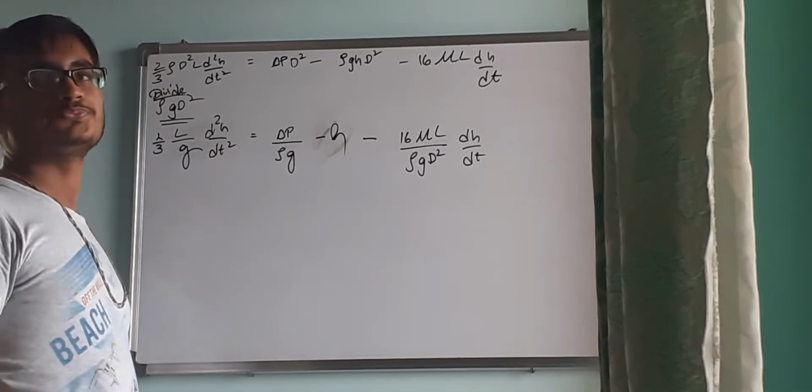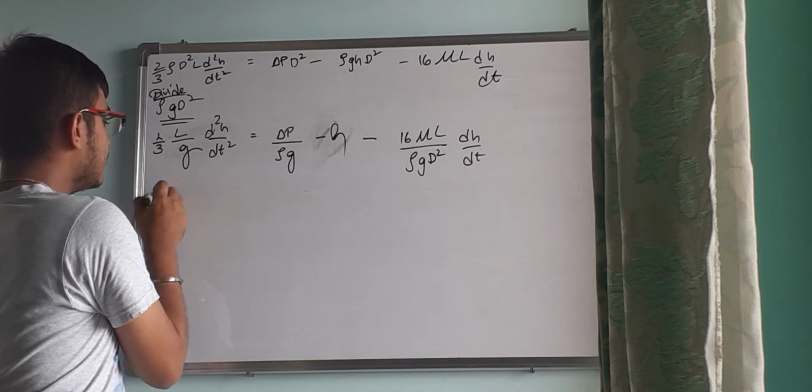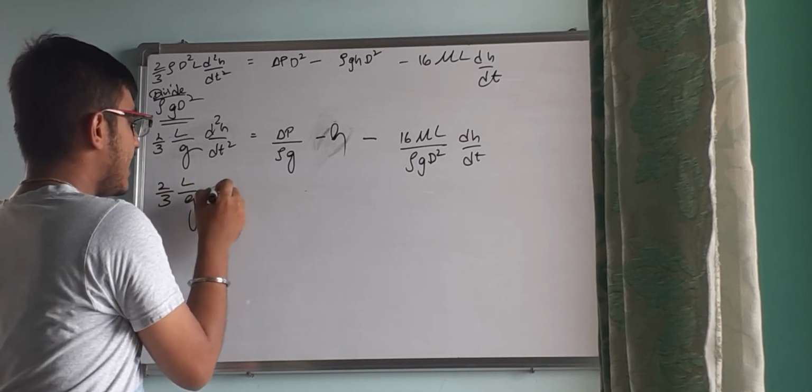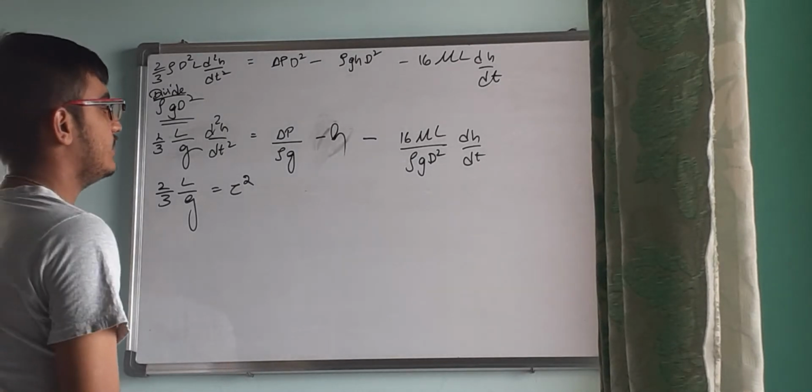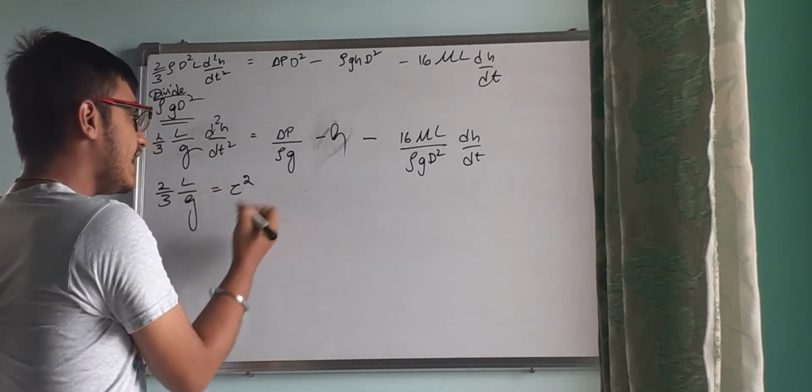Now let us consider 2 by 3 L by g as tau square.